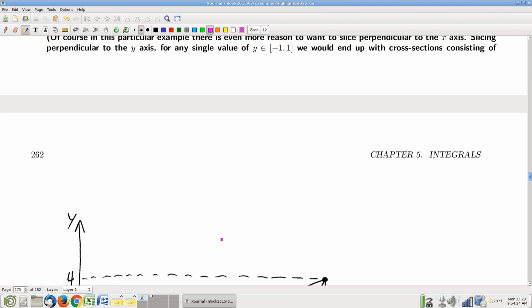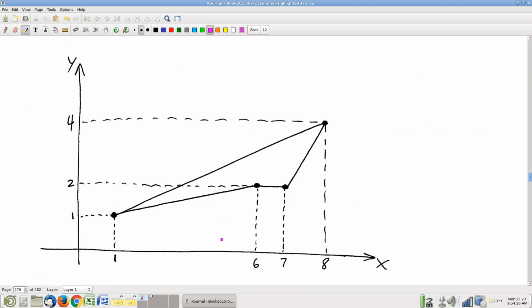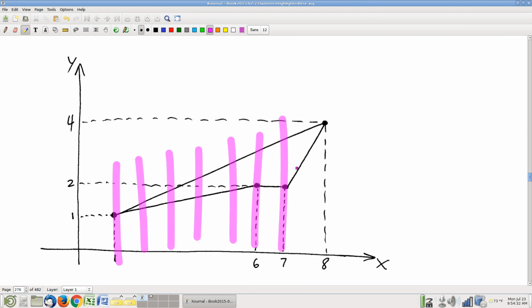So there's a couple of examples. Let's look at this one here, just kind of cosmetically. Which way do we want to slice? If we slice first perpendicular to the x-axis, you notice that in the middle of our slicing process we slice through two corners, and so we're going to have 1, 2, 3 separate integrals.